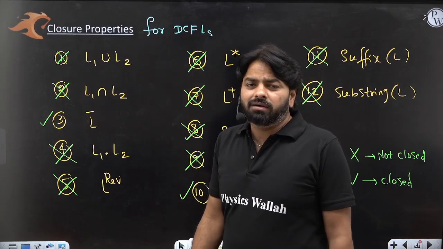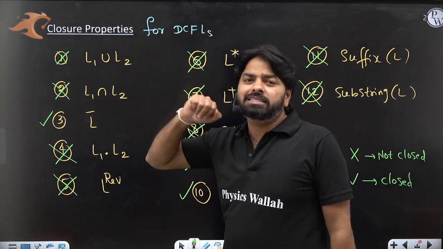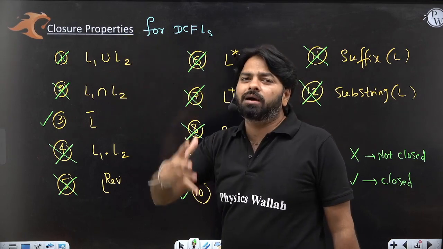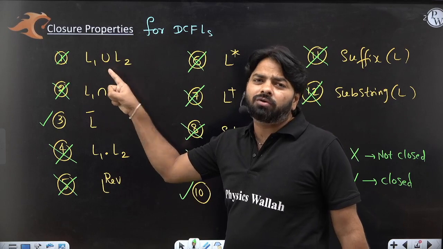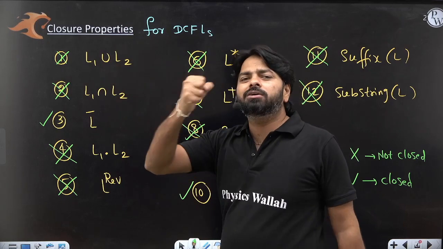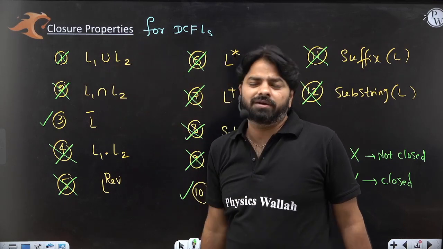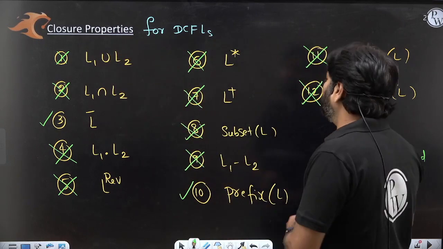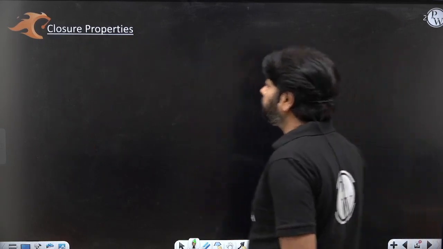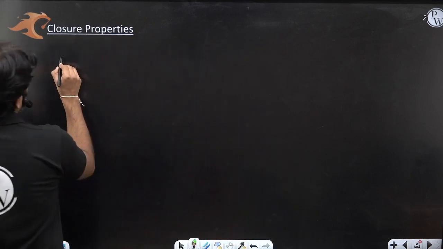We don't look for getting a DCFL, because you need a counter example to show not closed. So there are examples of DCFLs whose union is not a DCFL. That is the reason union is not closed. Let's look at how union works.